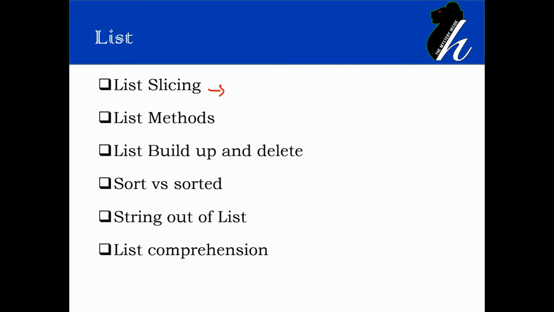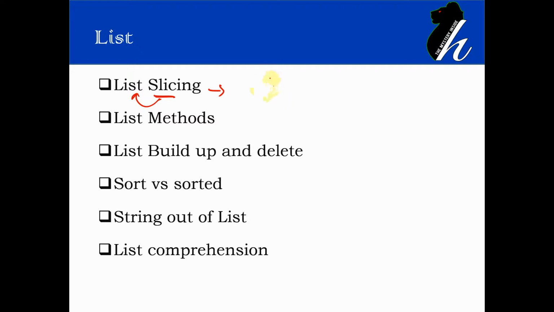That particular concept is named list slicing. This slicing is not specific to lists only. It is applicable to other data structures of Python, specifically list, tuple and sets, and even string slicing. So let us try to understand how it works.